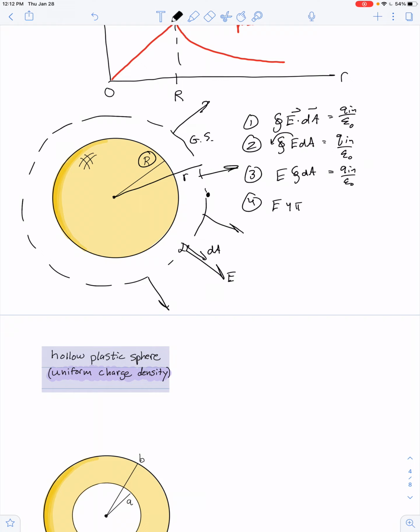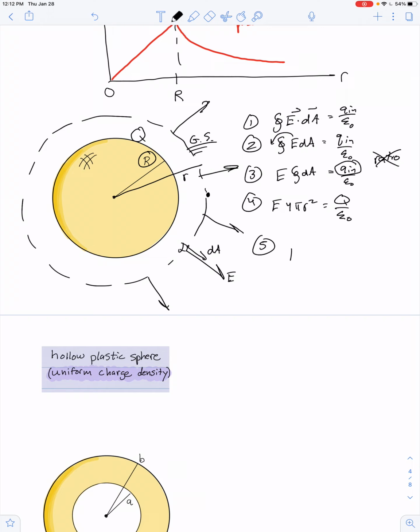So E times 4 pi lowercase r squared is equal to q in over, now how much q is inside? Well, no need for a ratio or any additional mathematics in this derivation. The amount of charge that's inside of this Gaussian surface is all of the charge, capital Q.